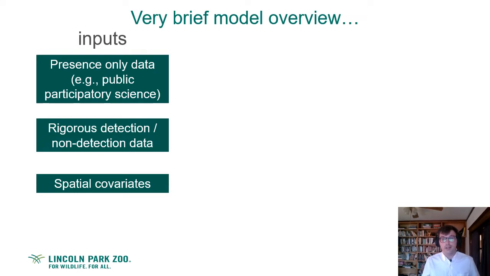There are three different inputs basically to this model. It starts with presence-only data or presence-background data. One example of that would be data from public participatory science. And then you also have more rigorously collected detection, non-detection data at a subset of locations. And on top of that, you have some sort of spatial covariates.